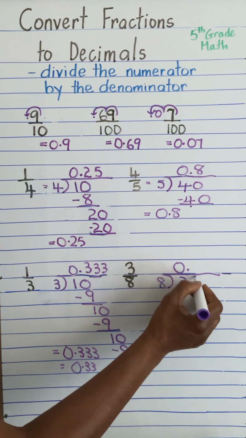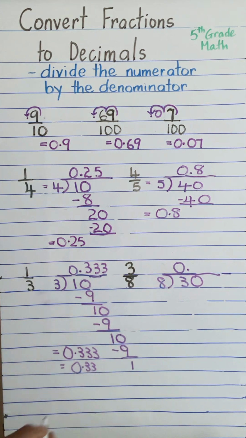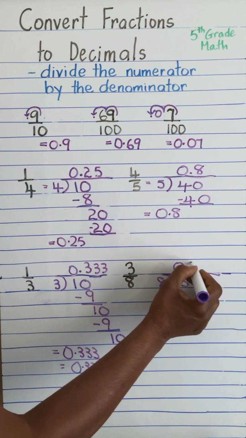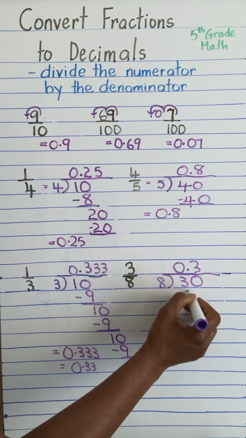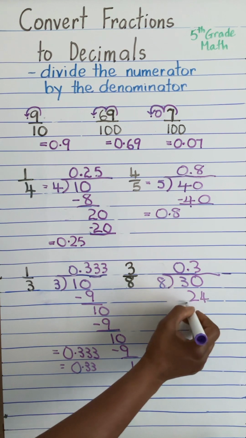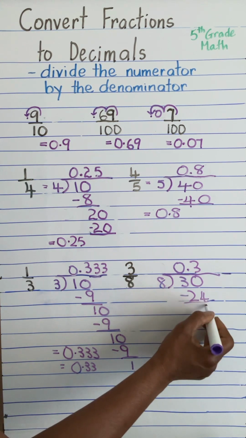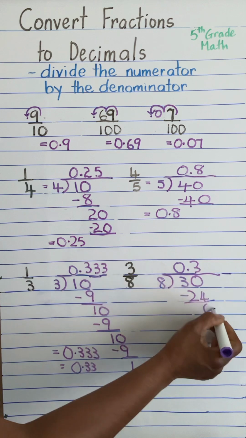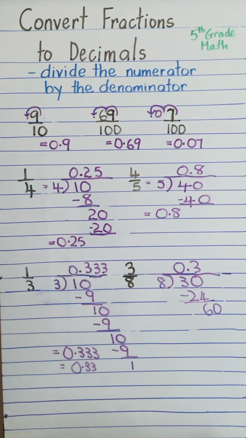Put a point, add a 0. How many times can 8 go into 30? 3 8s, 24. Subtract, we get 6. Add a 0. How many times can 8 go into 60?